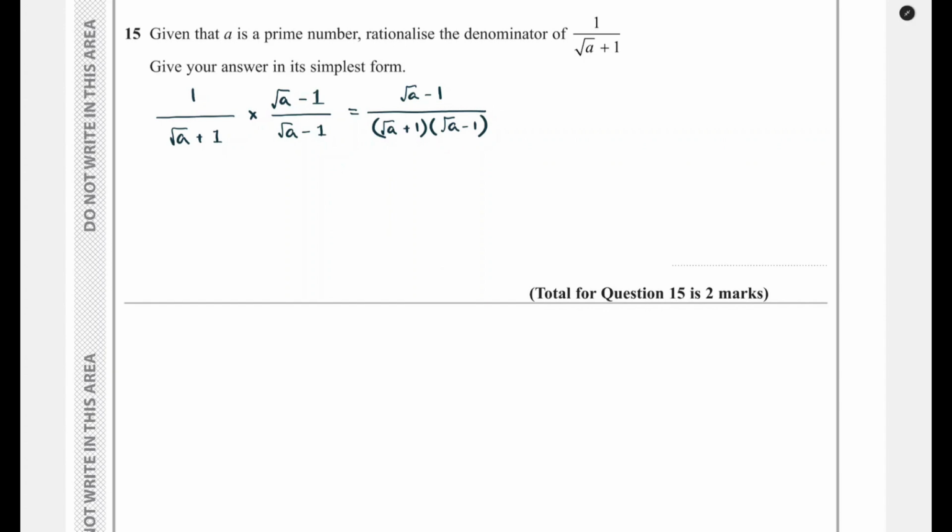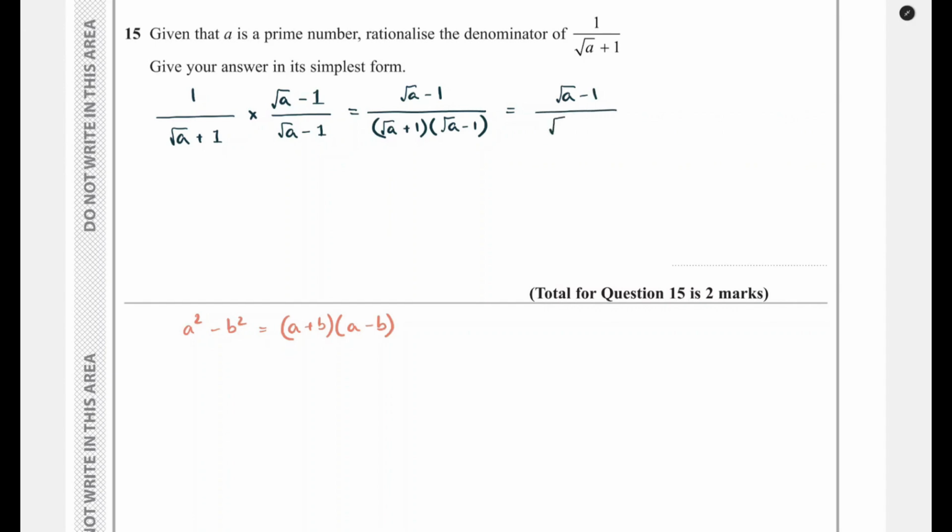This looks very similar to the difference of two squares. So a little reminder, difference of two squares says A squared minus B squared is equal to A plus B multiplied by A minus B. Very similar. And so we can rewrite the denominator to look like this.